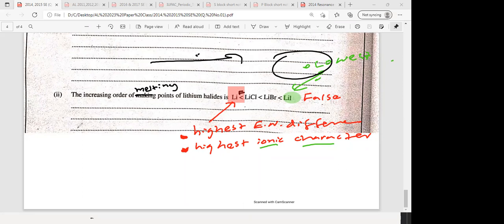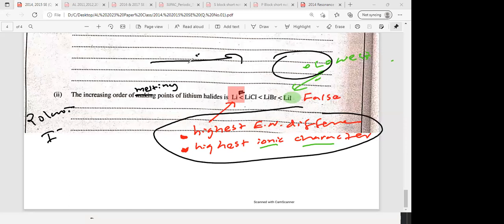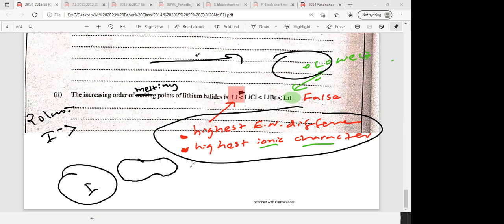If you want, you can write using the polarizability of an ion. Also you can write polarizability highest. Please write that. This you can add instead of these 2 points for the explanation. You can write polarizability highest for iodide ion, because I minus is large, that electron cloud can be easily attracted towards whom? Towards the positively charged lithium ion. You understand what I say?